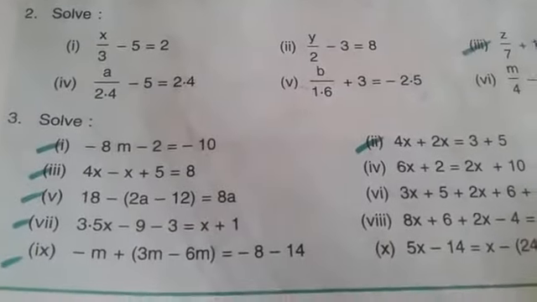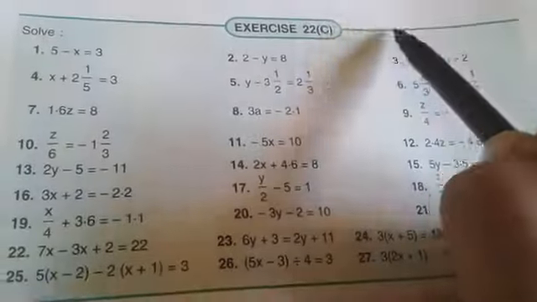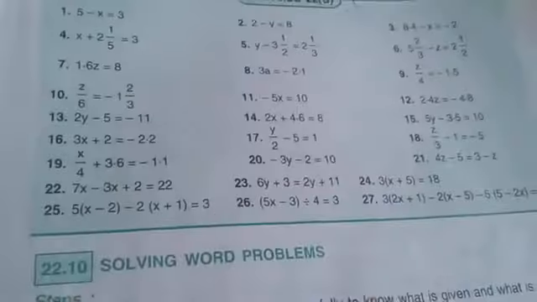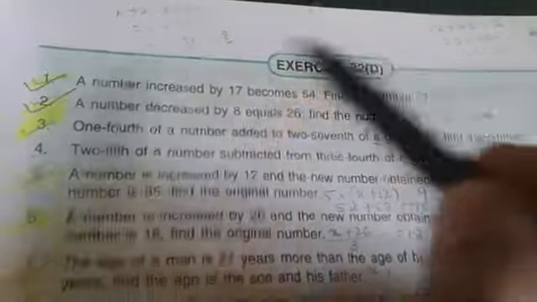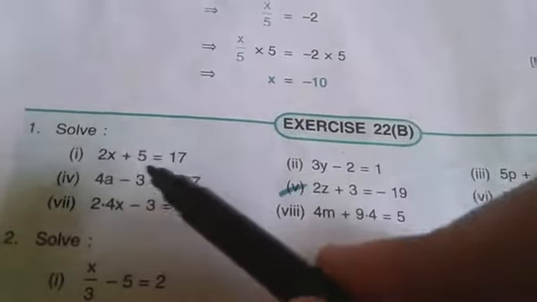So this much we are going to solve in exercise 22b. Exercise 22c I have completely cancelled. In exercise 22d, we are going to solve certain questions that we'll see later on. So exercise 22b, question number 1.